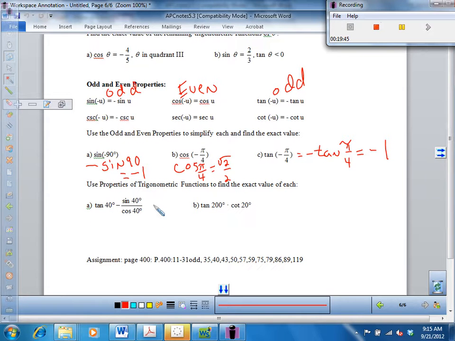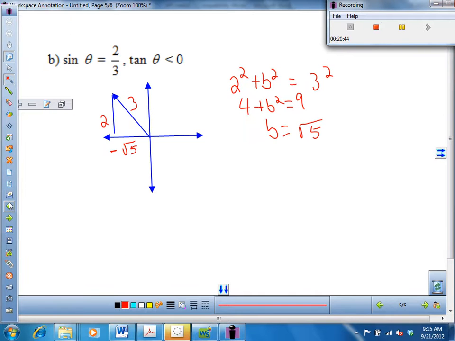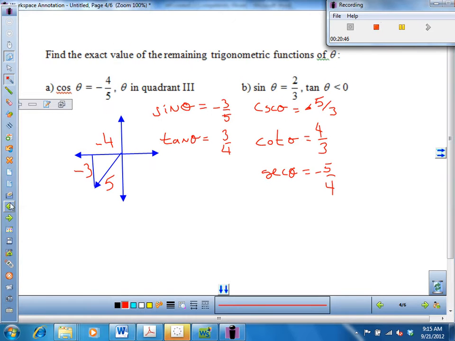So the tangent of 40. So with these, you're using some of these properties. Tangent of negative 40, you rewrite it. What's sine of negative 40 over cosine of negative 40 equal to? Using this reciprocal identity back here. Sorry. Going back, where do we go back to?